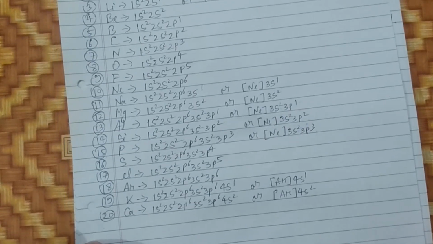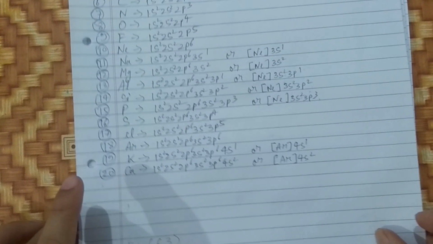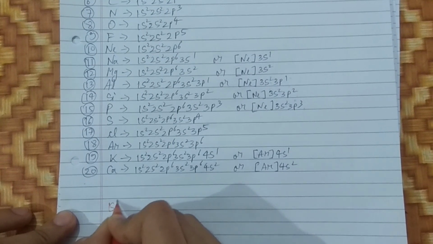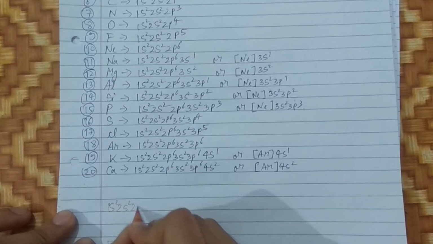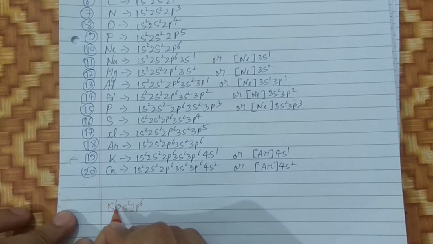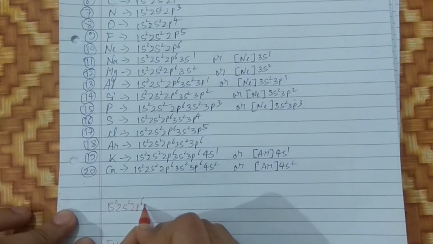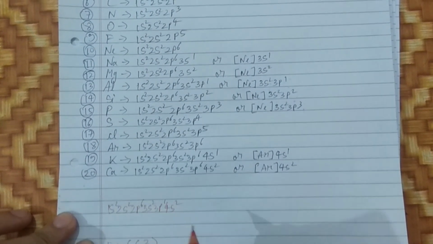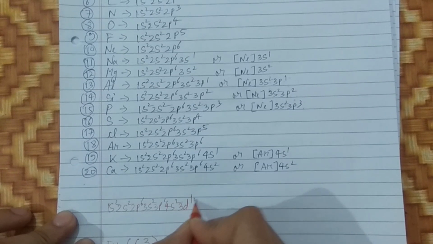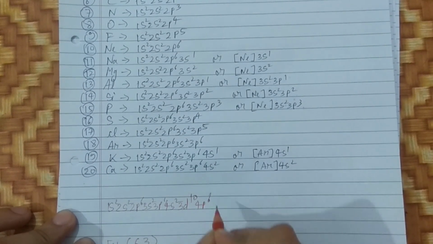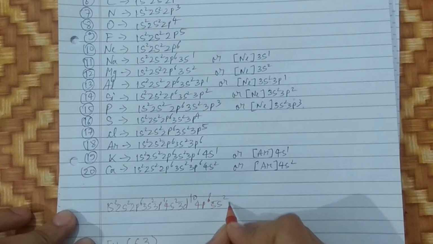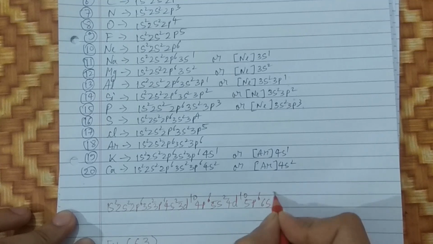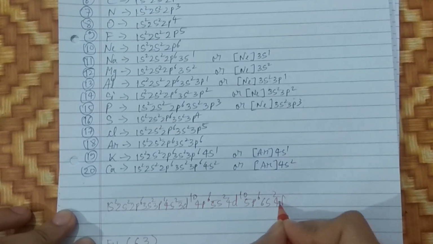So the format we write for the electronic configuration is, again I am writing here: 1s2, 2s2, 2p6, where the superscript is the maximum number of electrons in it. Then 3s2, then 3p6, then 4s2, then 3d10, then 4p6, then 5s2, then 4d10, then 5p6, then 6s2, then 4f14.